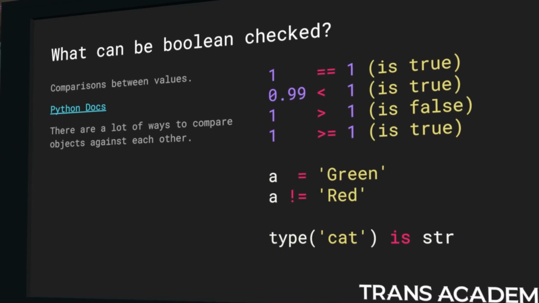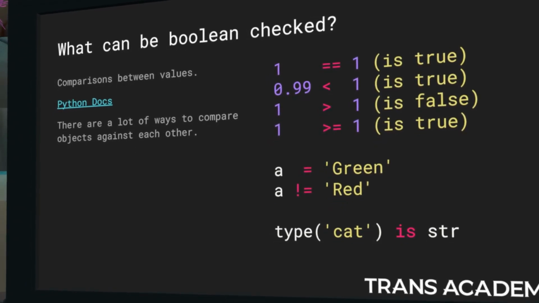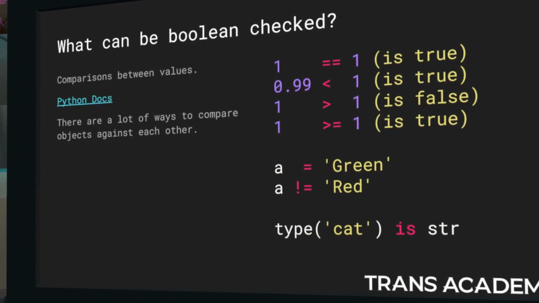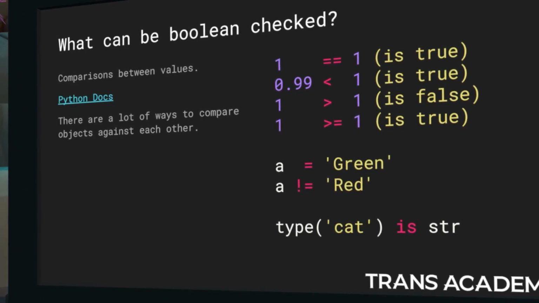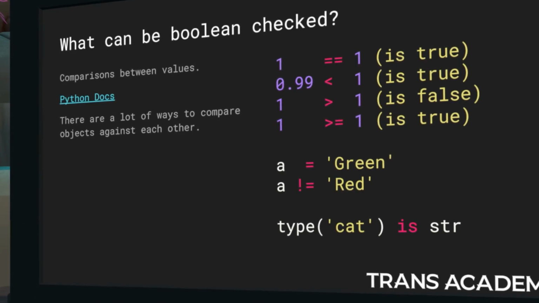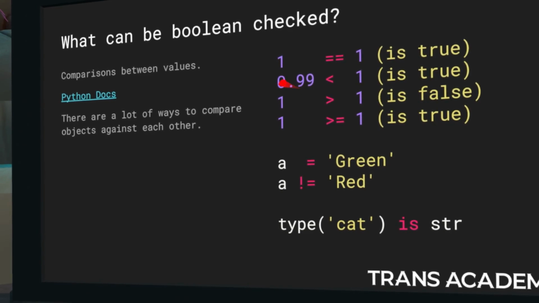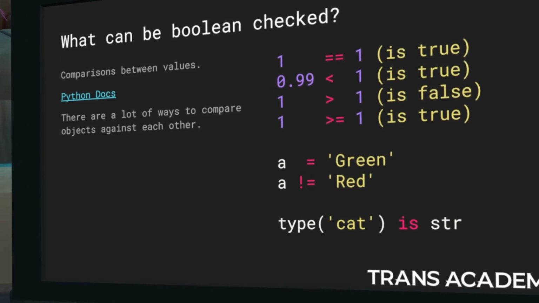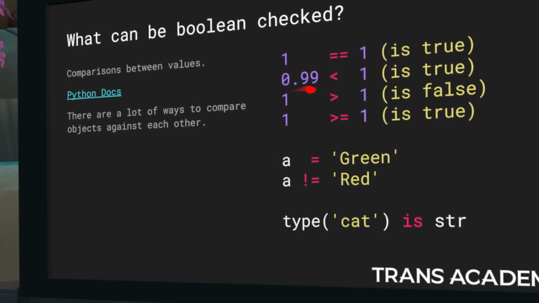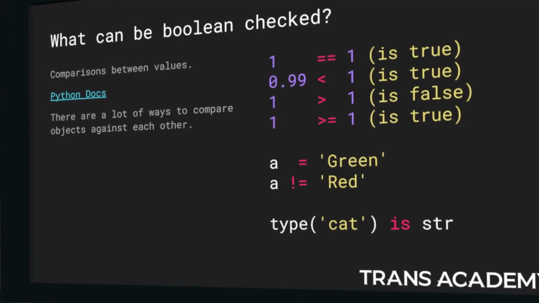So 0.99 is less than 1. If this was 0.9, it would also be less than 1. To demonstrate this more simply, we could achieve the same result with this being a value of 4 and this being a value of 3, and it would still return the less than.